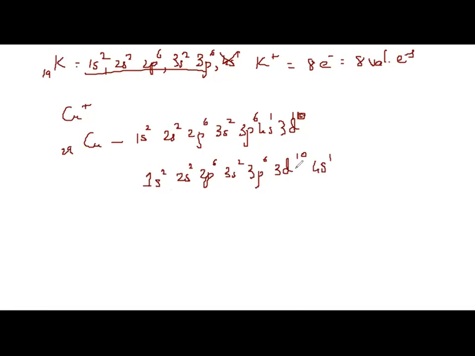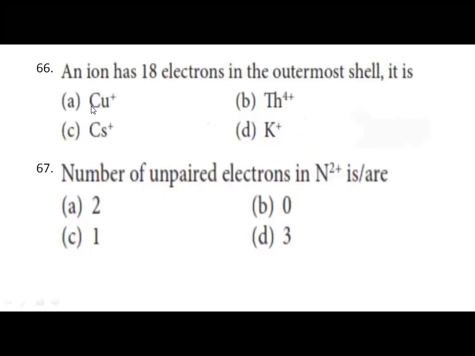Cu plus means loss of one electron from the outermost shell. So this electron goes, and the 3rd shell becomes the outermost shell. There are 18 electrons. So the correct option is Cu plus. Cesium has one electron in its outermost shell, so it doesn't become 18. Thorium is atomic number 81.